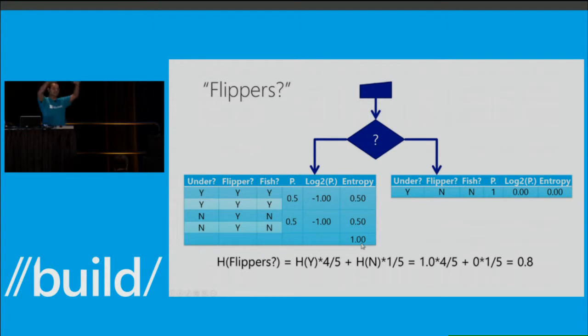To calculate the entropy of the entire system, I still need to consider the probability of going one side or the other. The probability of going this side was 4/5. And see that all this is being driven by my data, okay? And the entropy of the final system is 0.8. So making this test gives me some information gain, isn't it?